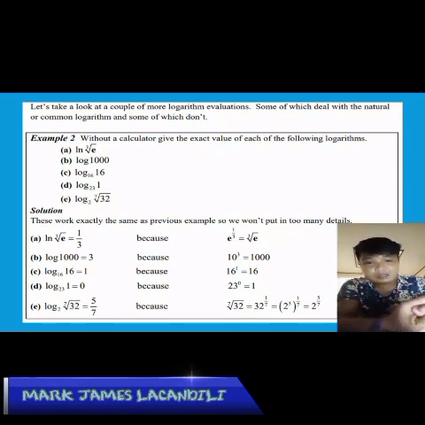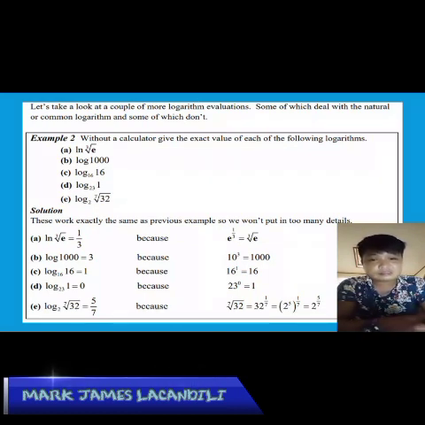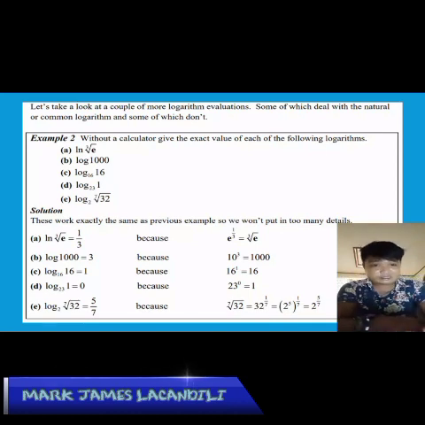Letter B, log of 1000 equals 3 because 10 to the exponent 3 is equal to 1000. Letter C, log base 16 of 16 equals 1 because 16 to the exponent 1 is equal to 16. Letter D, log base 23 of 1 equals 0 because 23 to the exponent 0 equals 1.